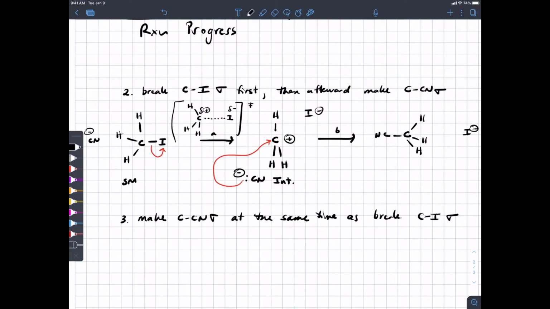And then going from the carbocation and CN minus, presumably the transition state would look like we're starting to form a new carbon bond with a delta minus on CN as the bond forms, and a delta plus on carbon that's also going away as the bond forms.